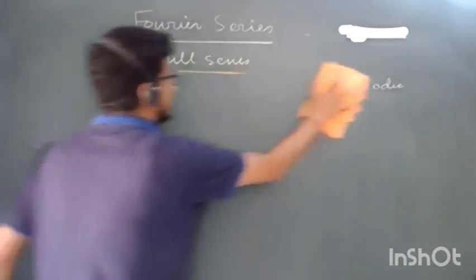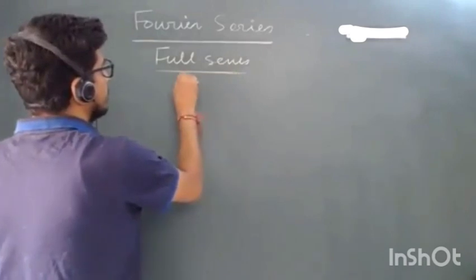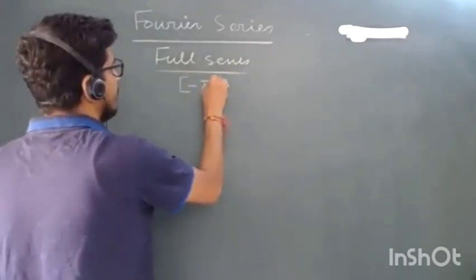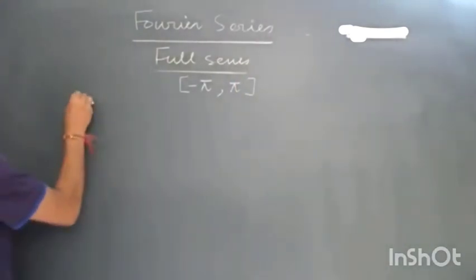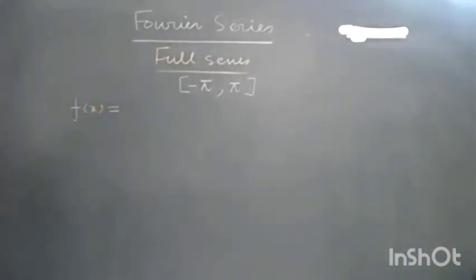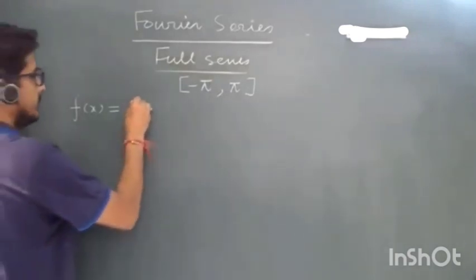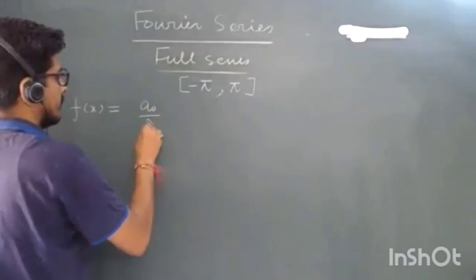So, how to write the Fourier series for a function? Suppose it is a full series, and suppose the period is given between minus pi to pi. Suppose this is the period that is given to us. Okay. So f(x) is equal to, we will write it like this: a naught by 2.